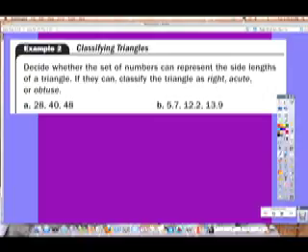First, 28 squared plus 40 squared equals.